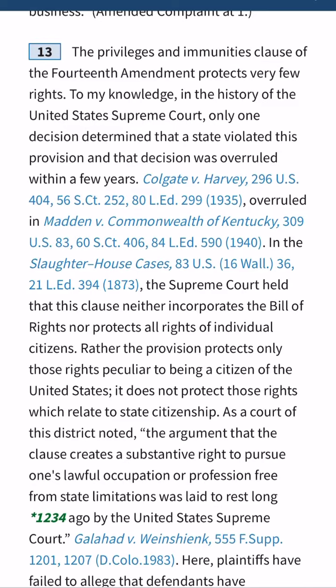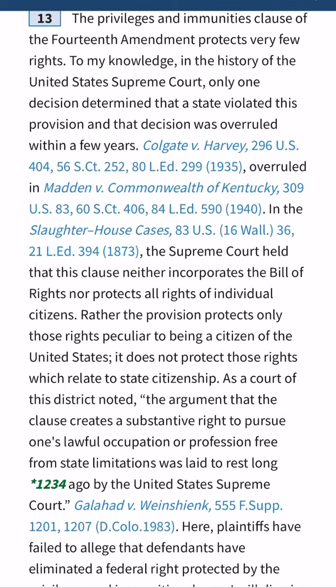Rather, this provision protects only those rights peculiar to being a citizen of the United States. It does not protect those rights which relate to state citizenship. As a court of this district noted, the argument that a clause creates a substantive right to pursue one's lawful occupation or profession free from state limitations was laid to rest long ago by the United States Supreme Court in Galahad versus Weinschenk, however you pronounce that. Okay? This is one case.